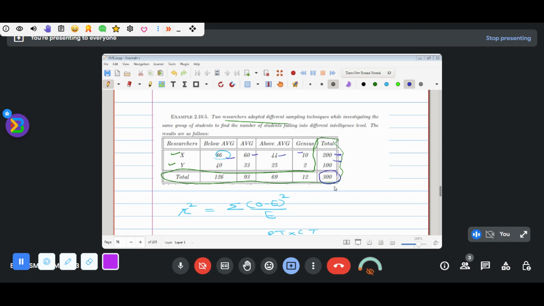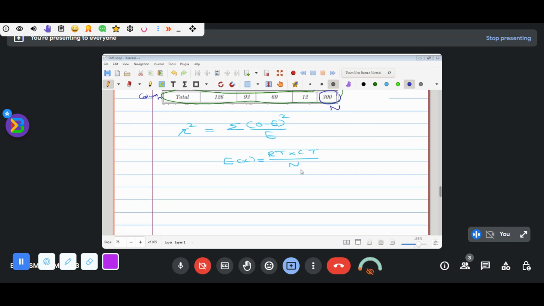This value is called capital N, and these values are called row totals. The corresponding totals below are called column totals: 86 plus 40 is 126, 60 plus 33 is 93, and 44 plus 25 is 69.